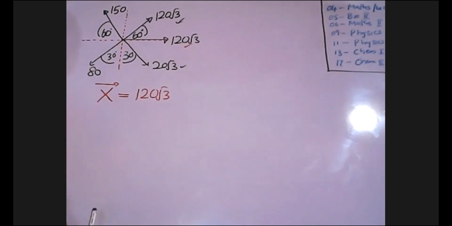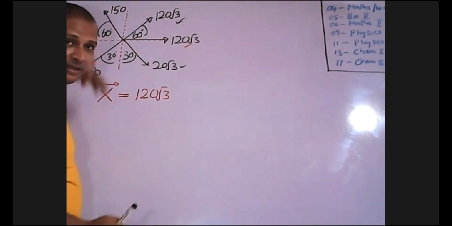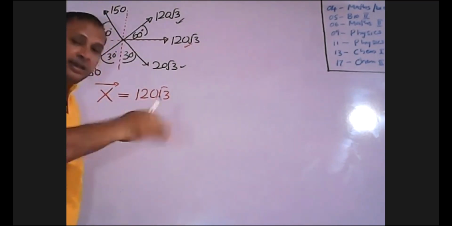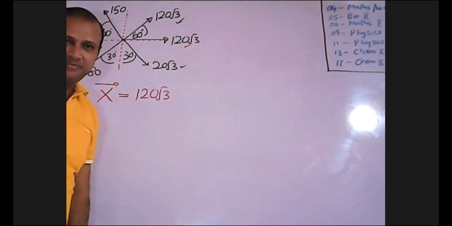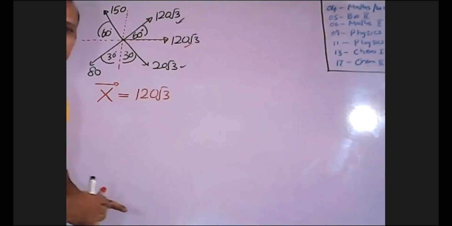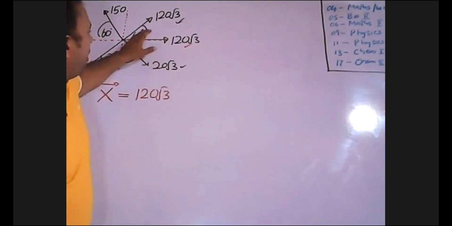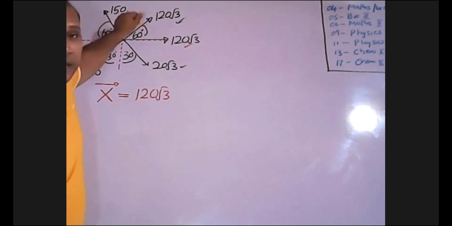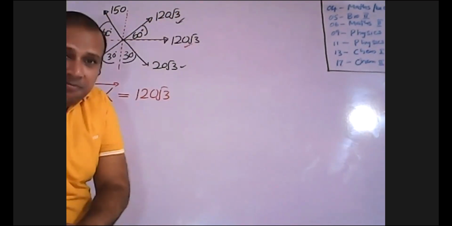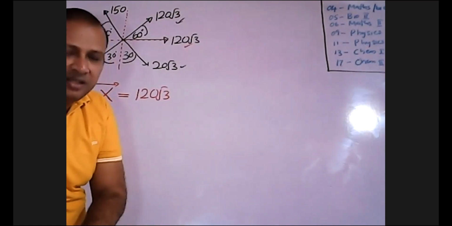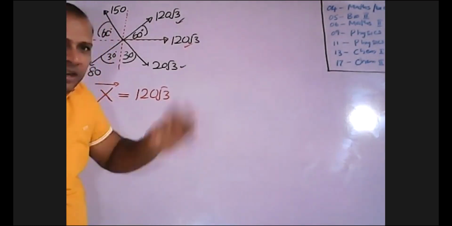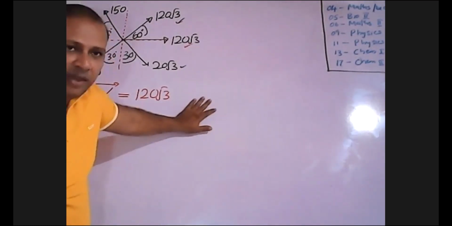Therefore, all the components in the x direction are associated with cos 60. Cos 60 is common for every force, so I may consider it as a common factor.